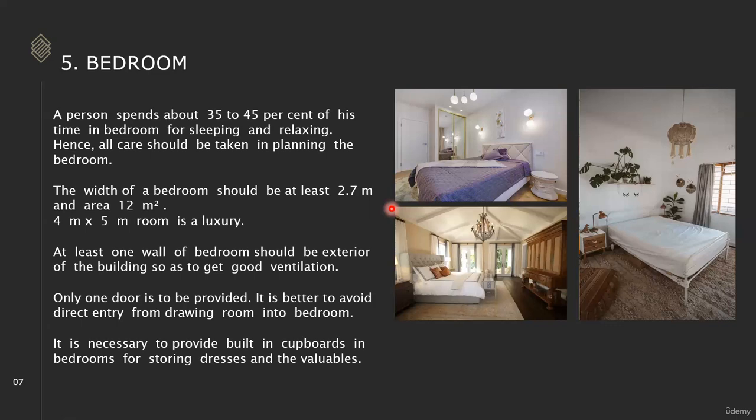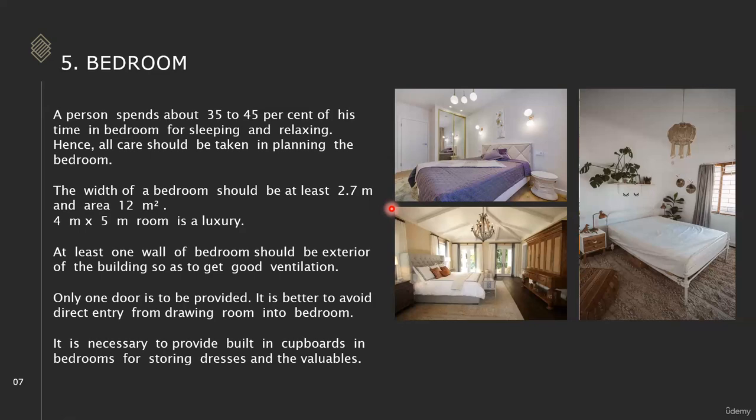So we provide a single window in the bedroom, and the door position is on the side of the bed, so that we can easily see who is coming, or whether the door is closed or not. We can easily see that from the bed only. We can easily see the door and the windows.